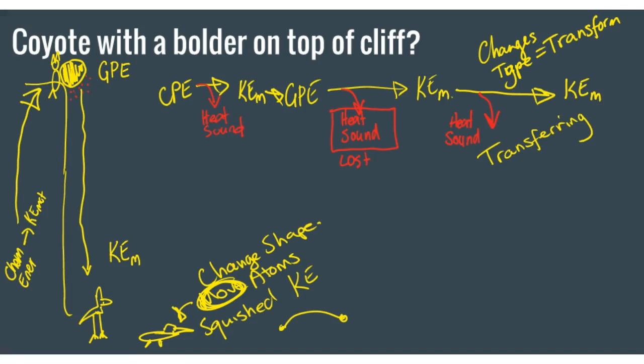And some of it would have been lost in many other little ways. You actually lose energy every time you transfer or transform it. Not all of it will be transferred or transformed. Some of it will be transformed into types of energy you don't want it to. And we call them lost or wasted types of energy.